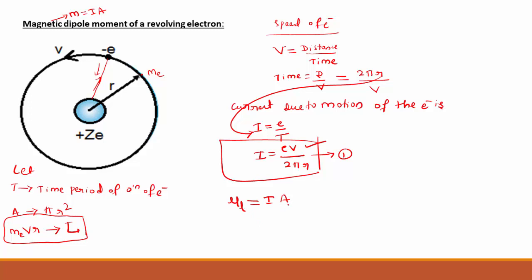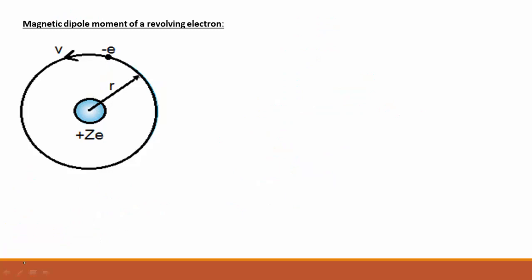Mu l is equal to I into A. Remember this equation: the current due to the motion of the electron is I is equal to ev divided by 2 pi r, and the magnetic moment associated with the revolving electron mu l is equal to I into A.